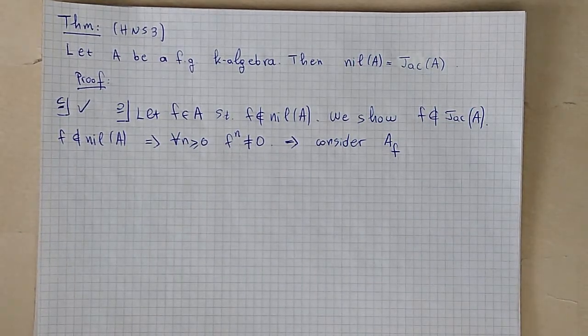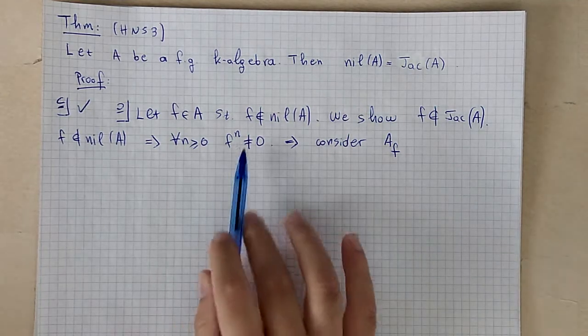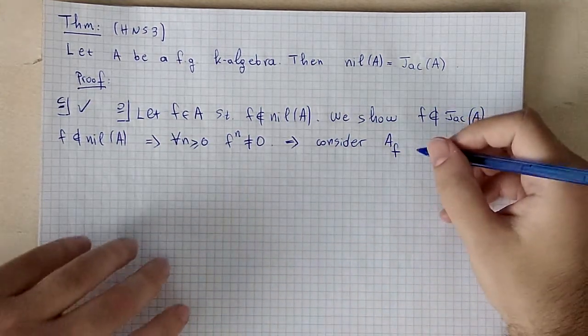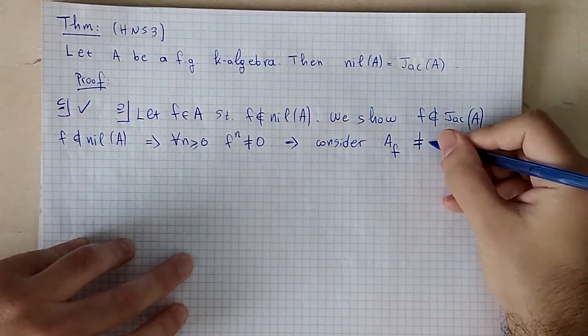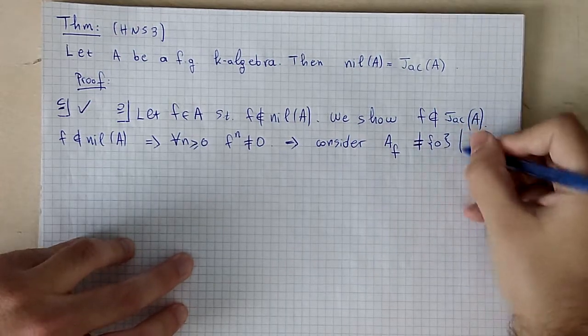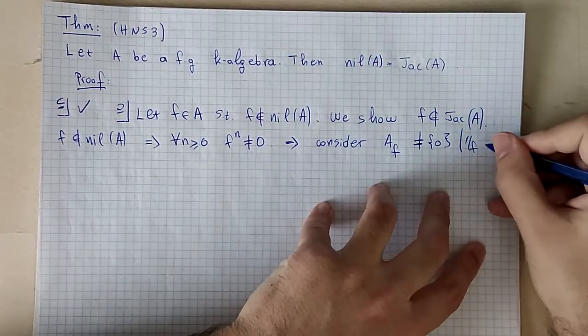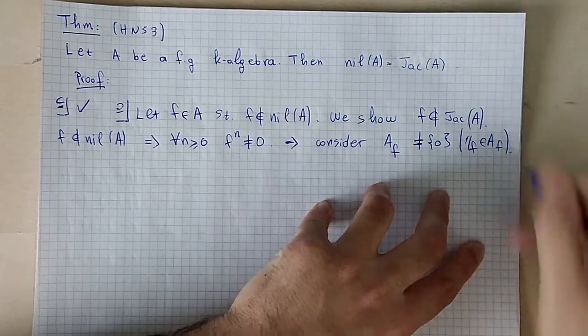But by definition, the multiplicatively closed subset cannot contain 0, right? So we have to make sure that every power of F is not equal to 0. So we can consider this guy, which is of course not 0, simply because, for example, 1 over F lives in this guy, right?